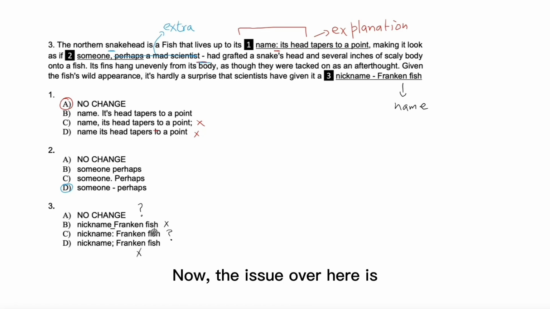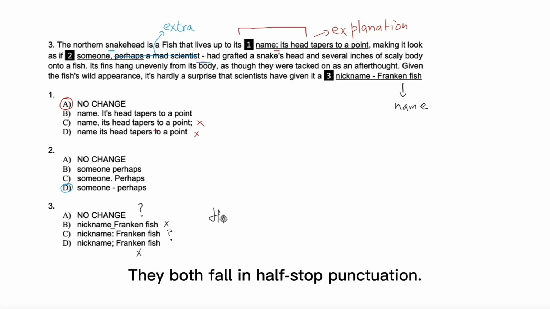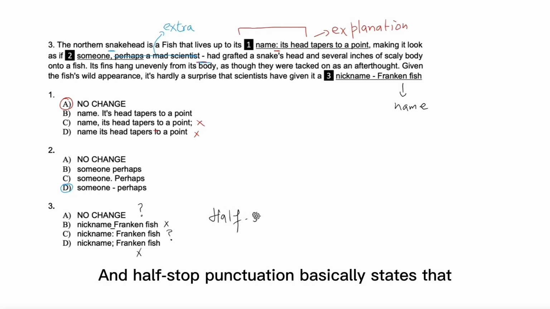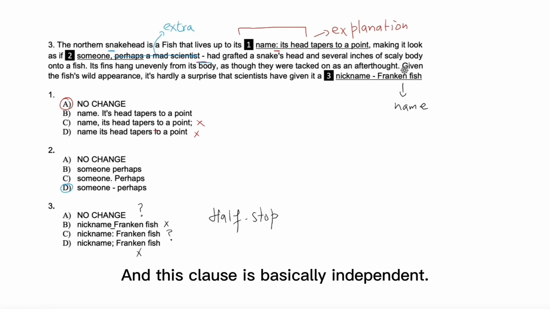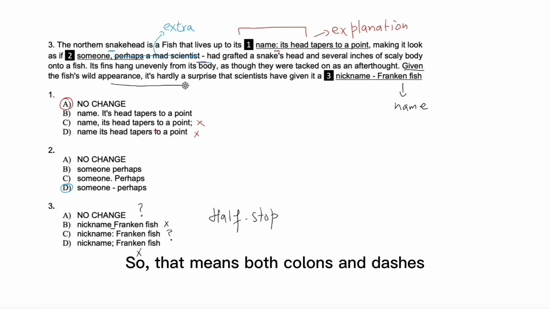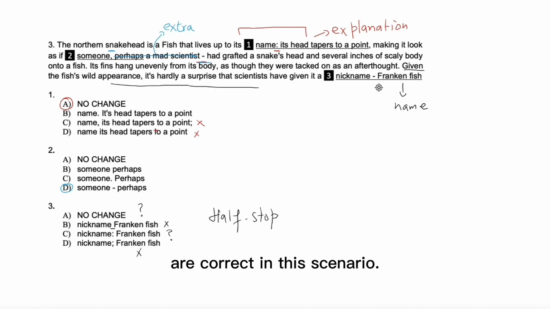Now the issue over here is colons and dashes, they both fall in half stop punctuation. And half stop punctuation basically states that they must be preceded by an independent clause. And this clause is basically independent. So that means both colon and dashes are correct in this scenario. And yes, they are correct.